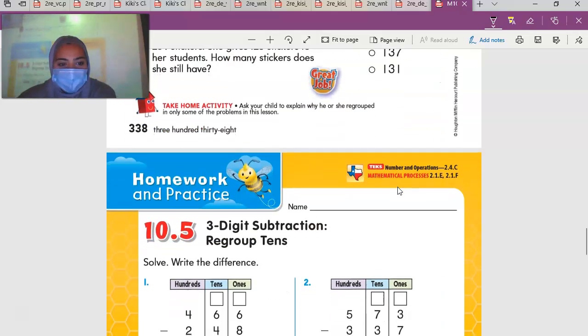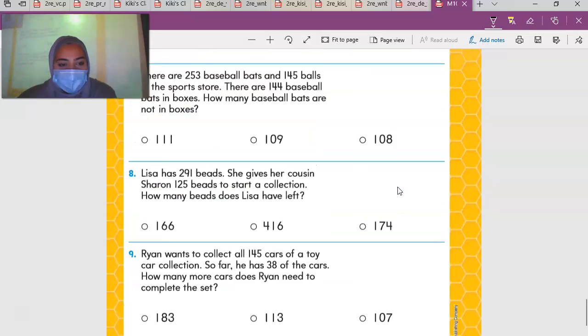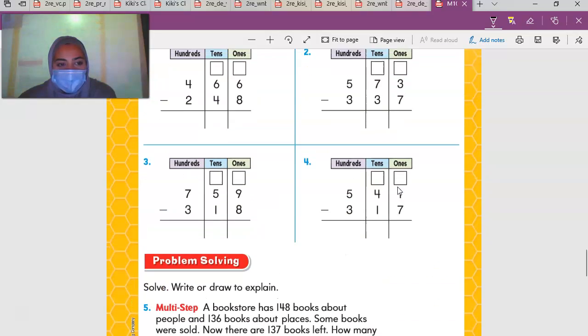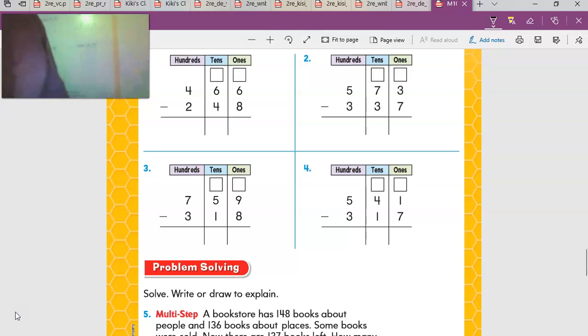Go ahead and do page 338 and the yellow page 339 and 340 by yourself. When you're done, you're going to do 3-digit addition, regroup tens.